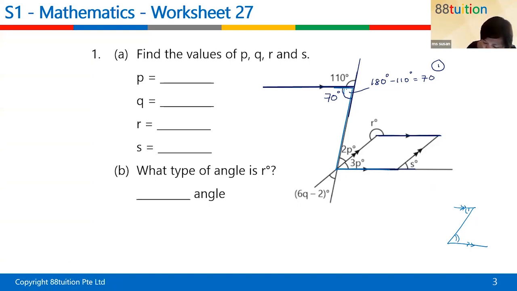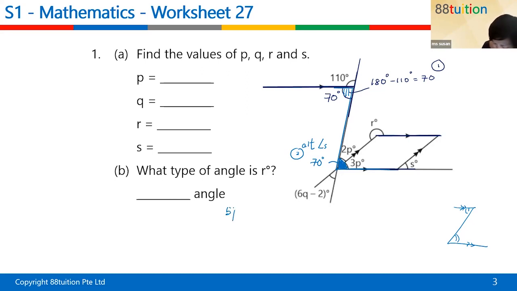So when this is 70 degrees, from here to here I do referencing again. I'm going to color this whole thing blue, we call it 70 degrees. Reason number 2, I call it the alternate angle. I'm going to write in short for you to understand. Do you realize that step 2 here will require you to have 5p?